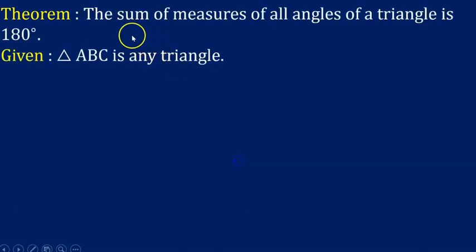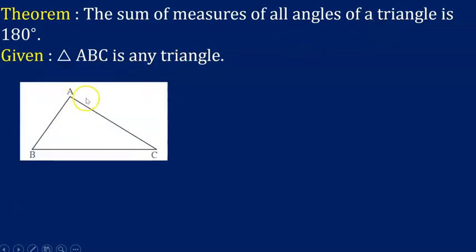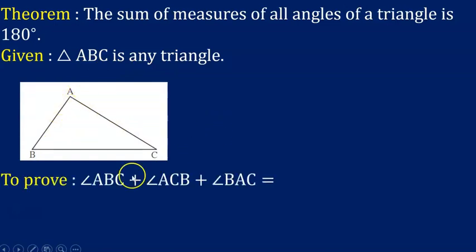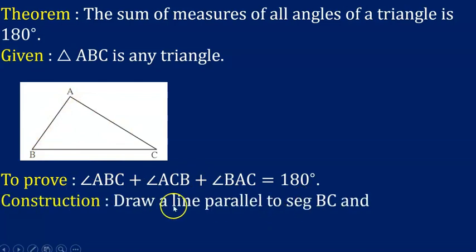Theorem. The sum of measures of all angles of a triangle is 180 degrees. Given: triangle ABC is any triangle. See this here, ABC is any triangle. To prove: measure of angle ABC plus measure of angle ACB plus measure of angle BAC is equal to 180.